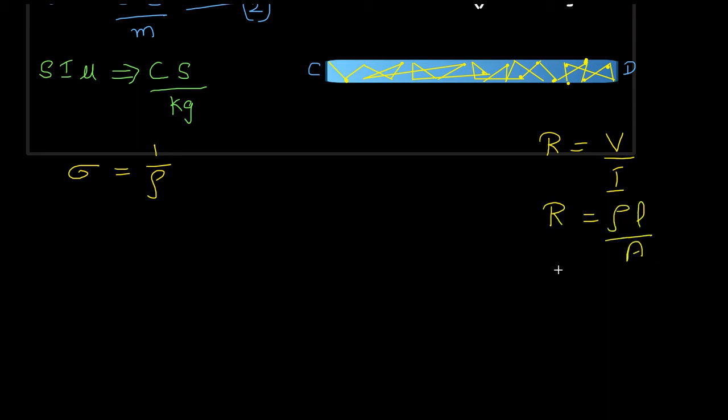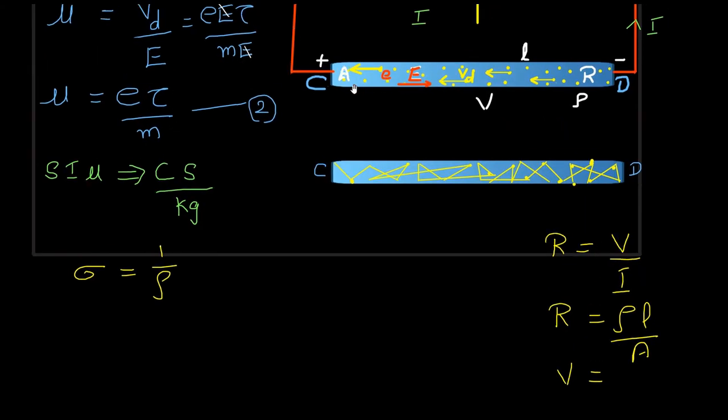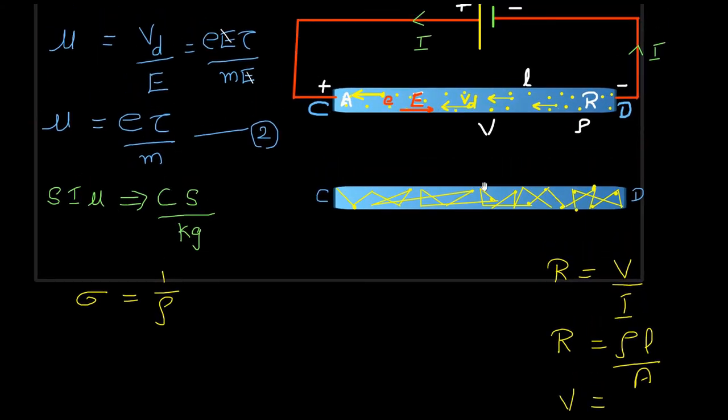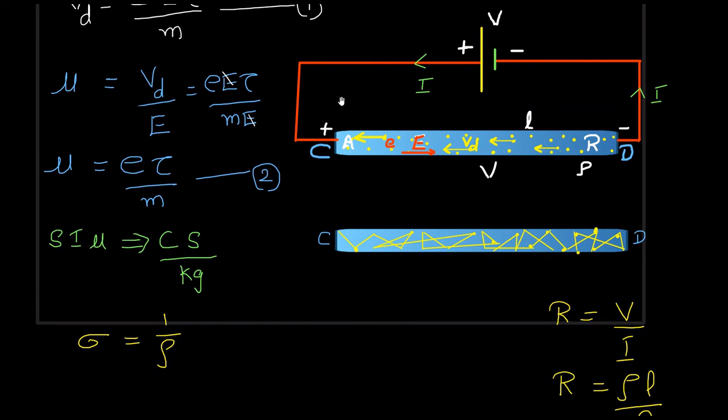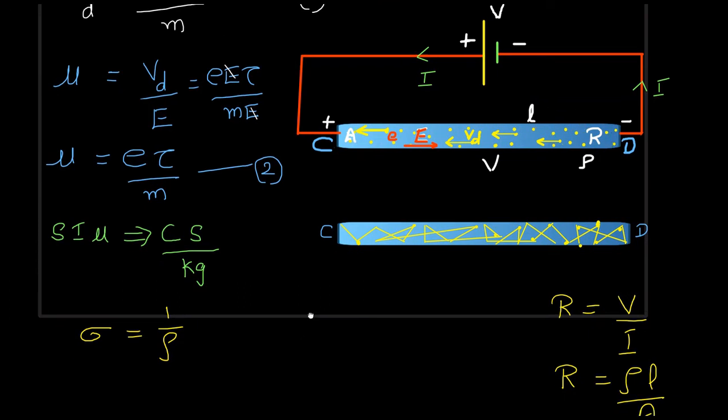What is the relation between electric potential and electric field? Electric field E is existing due to potential difference V applied across the length L of the conductor.